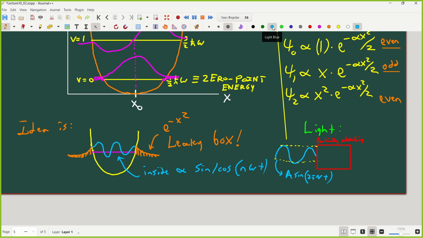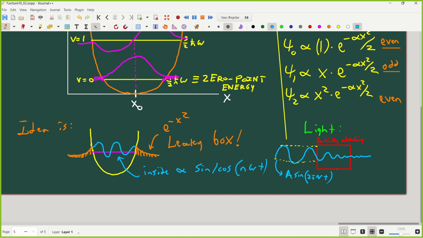Well, the wave continues to oscillate, but the amplitude decays. And then some of the light will escape, with whatever amplitude is left of the wave, and the same frequency.